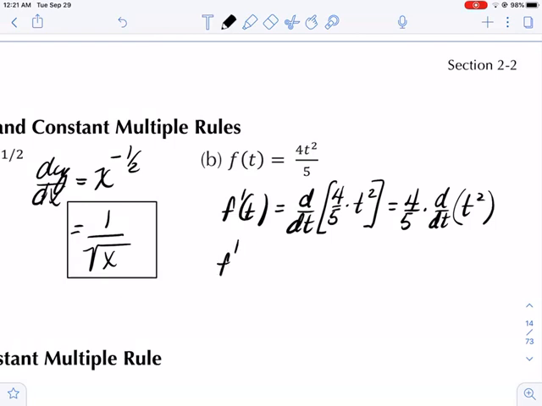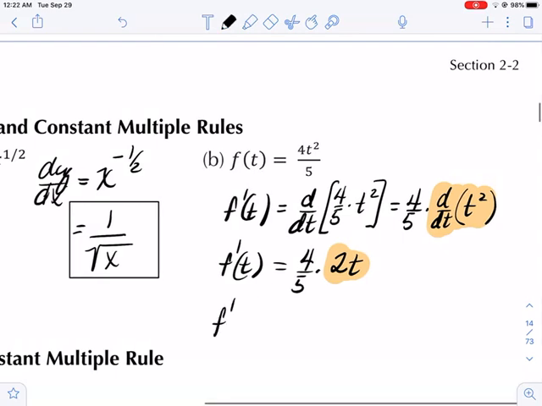So we have f prime of t is equal to 4/5 times 2t. So just to clarify again, the derivative with respect to t of t squared is 2t. And so our answer in simplified form then is f prime of t is equal to 8/5 t.